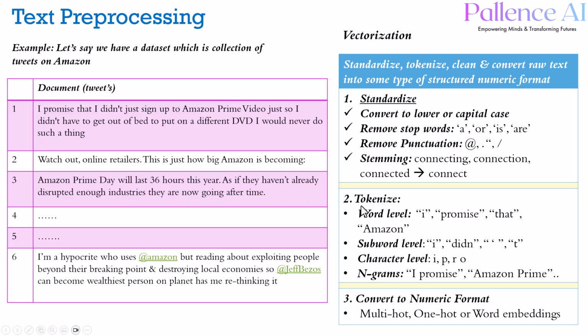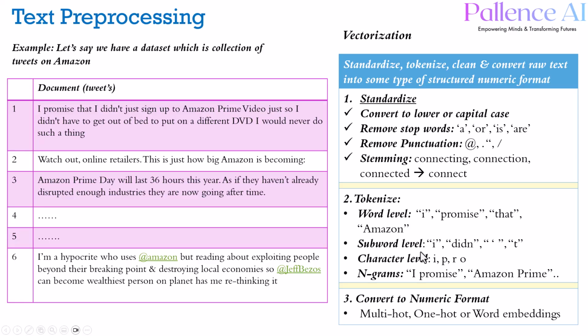Tokenize, as the name implies, means you're going to divide your text in each sample, for example each tweet, and break it down into individual tokens. So what are these tokens? Well, you could do different types of tokenization. You could do word level tokenization, breaking up each word in the sentence into individual words, like I, promise, that, Amazon. It's straightforward to understand.